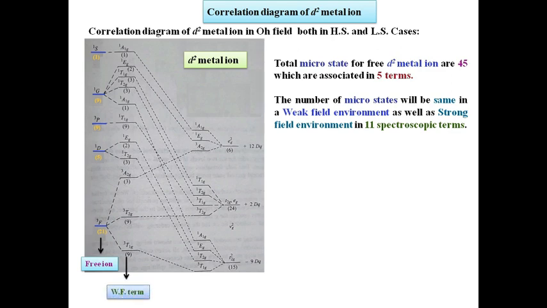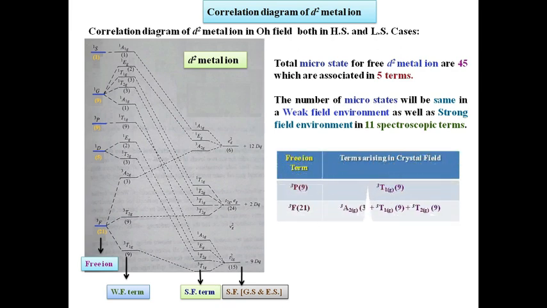Also, how the 45 microstates are distributed in the corresponding terms is shown here. The number of microstates will be the same in weak field as well as strong field environments, but their energy ordering is different. Once again, from the splitting pattern for the d2 metal ion, we need only the 3F and 3P terms and their components to draw the Orgel diagram.